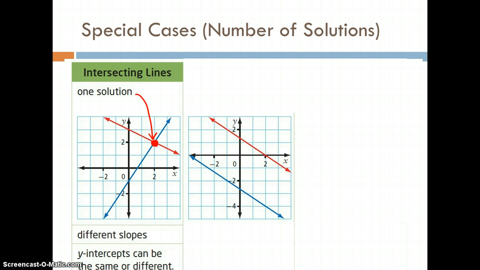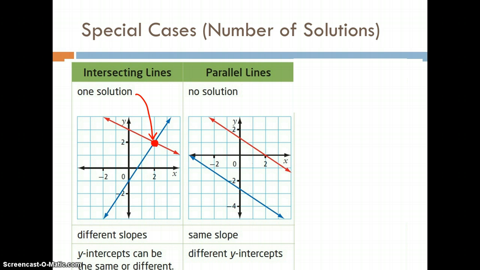Well, what happens if our lines look something like this? We're looking for where they're going to intersect, but these two lines have the same slope and different y-intercepts. So this is considered a special case, because how many times are they going to intersect? How many solutions are they going to have?